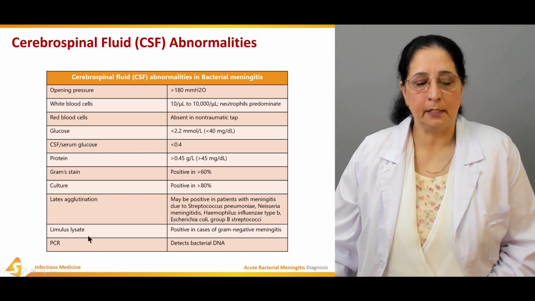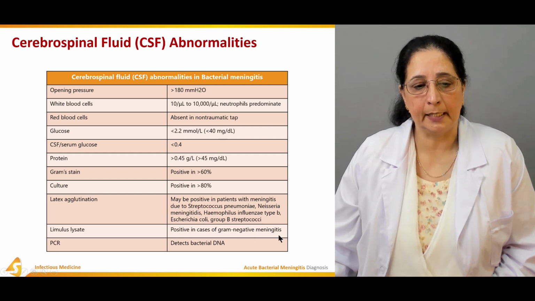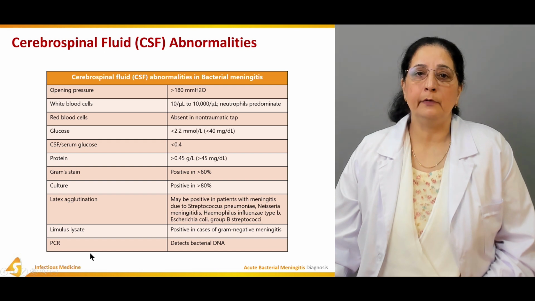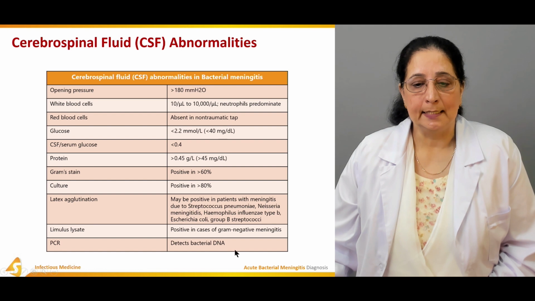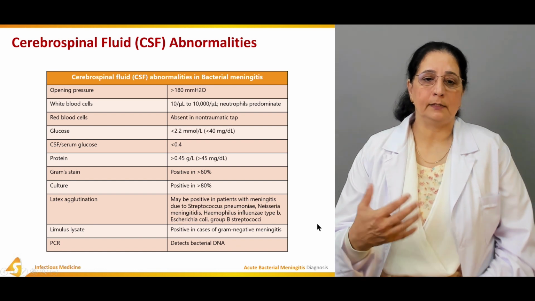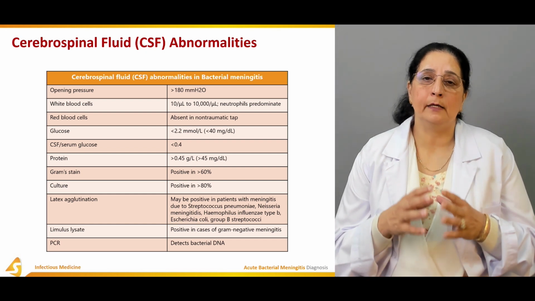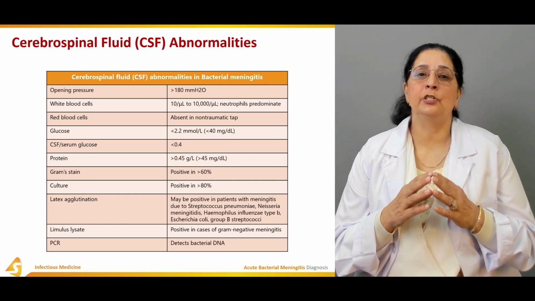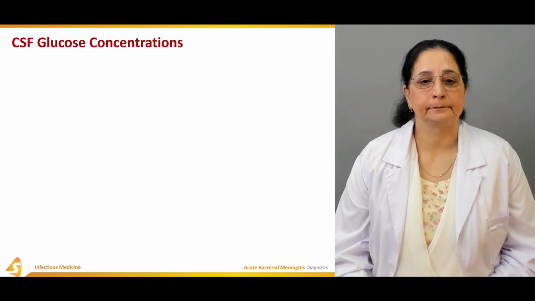Limulus lysate is positive in cases of gram-negative meningitis. Polymerase chain reaction detects bacterial DNA. So these are some abnormalities present in the cerebrospinal fluid removed from the patient with meningitis.